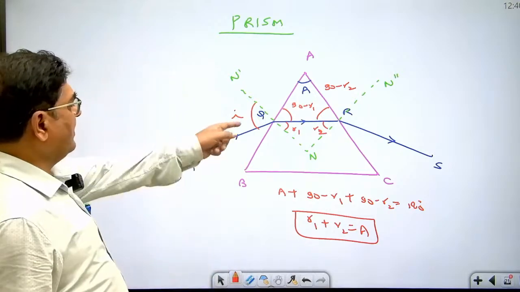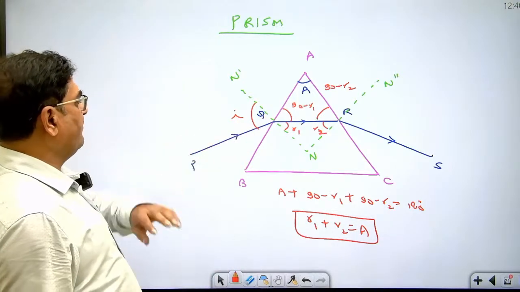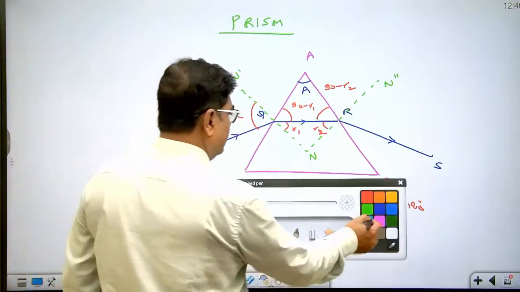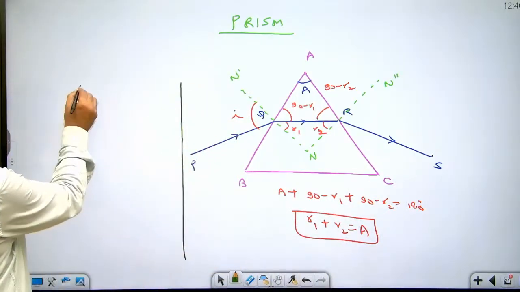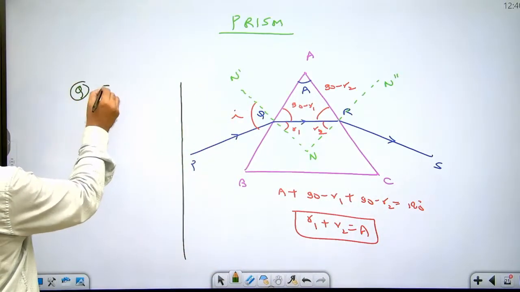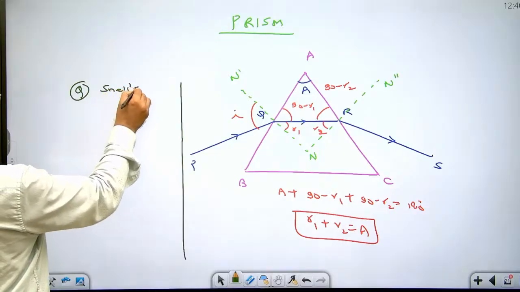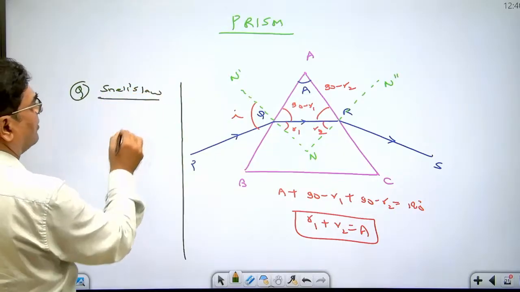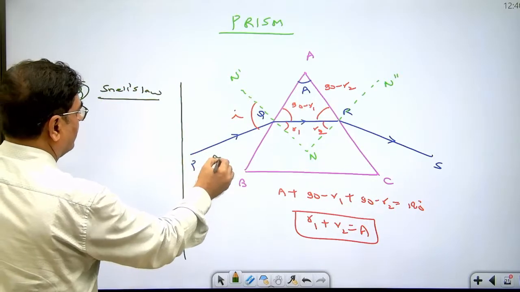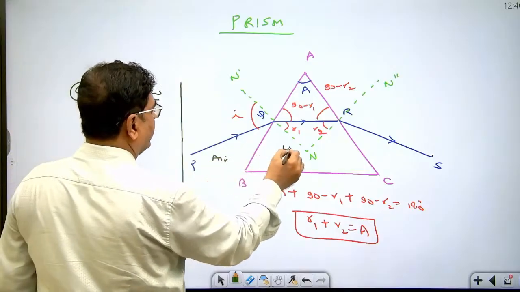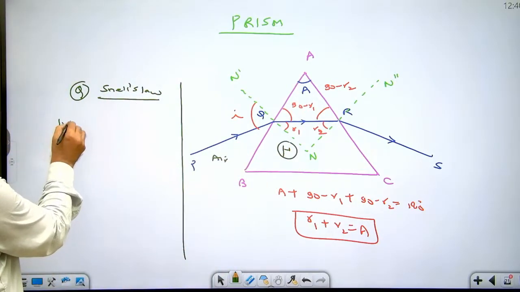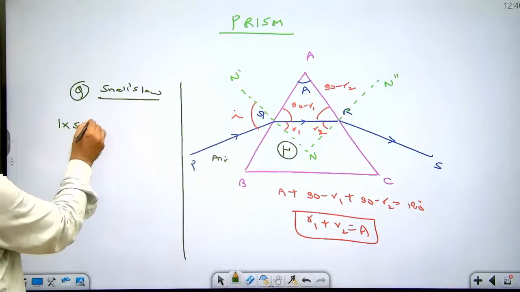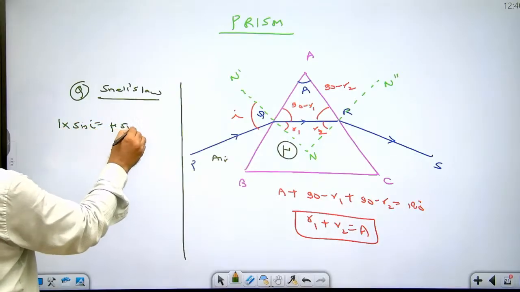And now if we apply Snell's law at points Q and R, we can get another equation. How? Let's see here. If we apply Snell's law at point Q, here is air. Let us assume the refractive index of the prism material is mu. So 1 into sin I equal to mu into sin R1.